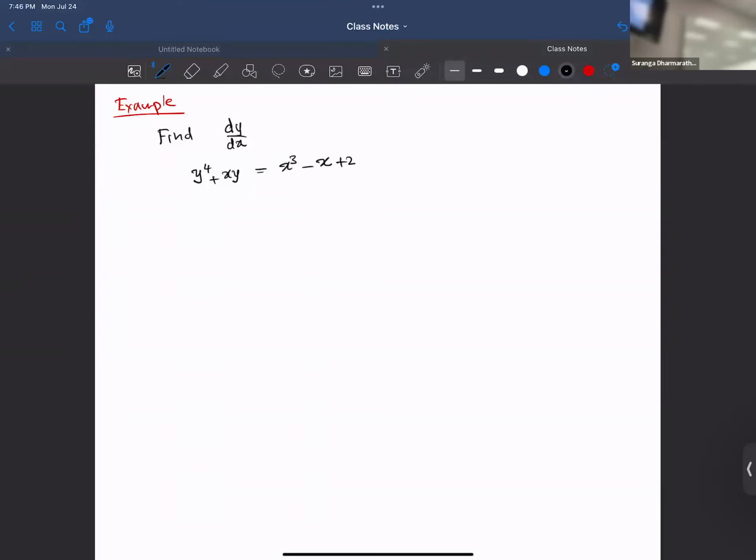And d over dy of y is equal to what? 1 times dy over dx. That makes sense? Yes. That's how the chain rule works. That makes sense?